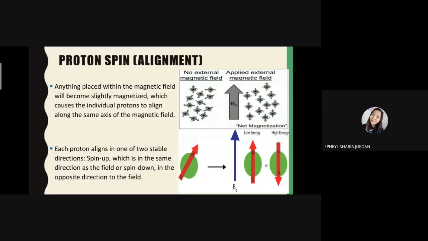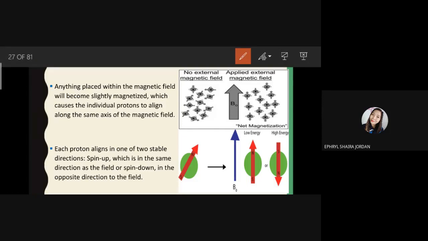Anything placed within the magnetic field will become slightly magnetized, which causes the individual protons to align along the same axis of the magnetic field. Ito siya. When there is no magnetic field present, protons behave this way.